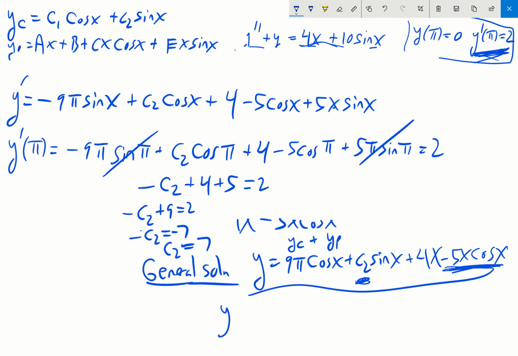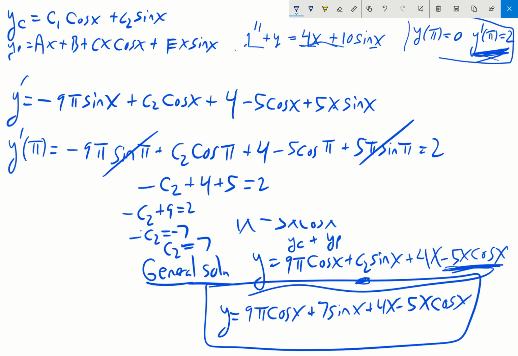So we substitute that in, and our solution to the initial value problem is going to be 9 pi times the cosine of x plus 7 sine of x plus 4x minus 5x cosine of x. And there you have it. That's the solution to the initial value problem.